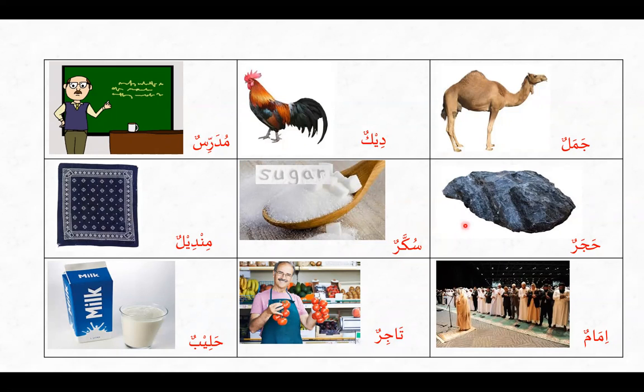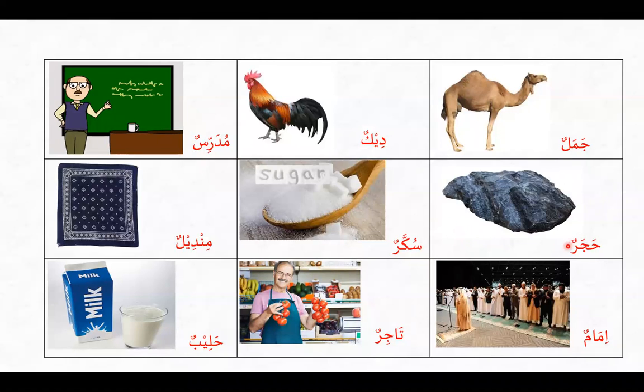We also went through where we asked a question by applying the a or the hal, a or hal, in front of a statement. Like for instance, we are saying هذا حجر, this is a stone. But if we put a or hal in front of that, we will make it into a question.